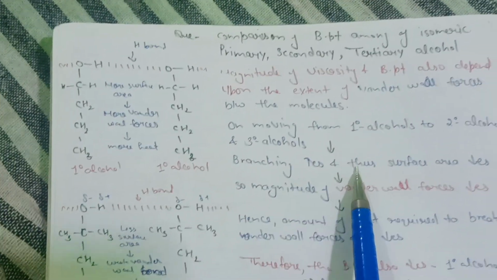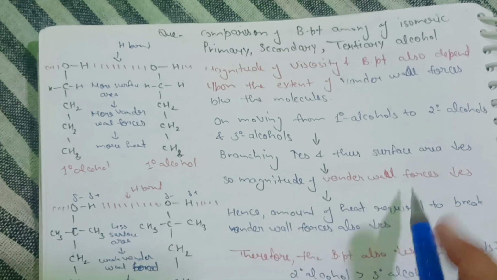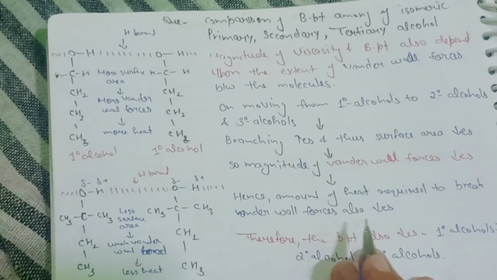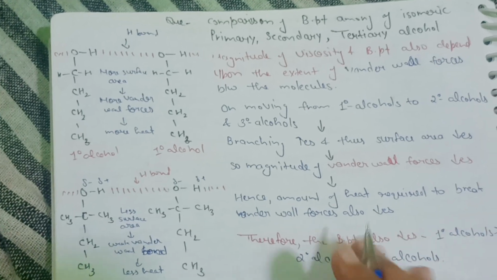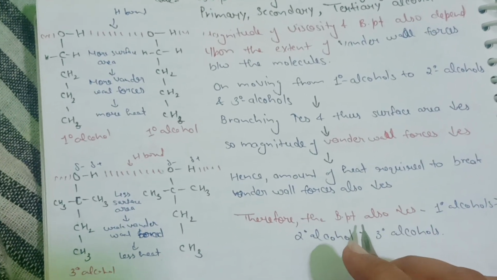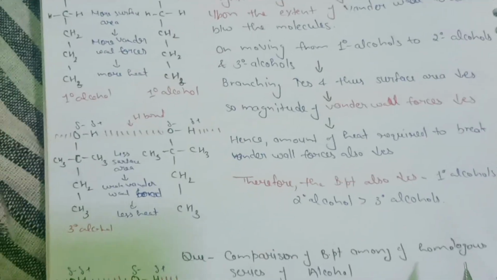On moving from 1 degree alcohol to 2 degree and 3 degree, branching increases and thus the surface area decreases. So the magnitude of van der Waals force decreases, hence the amount of heat required to break the van der Waals force also decreases. Therefore the boiling point also decreases: 1 degree, 2 degree, then 3 degree.